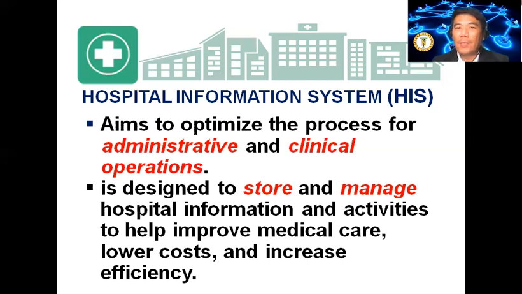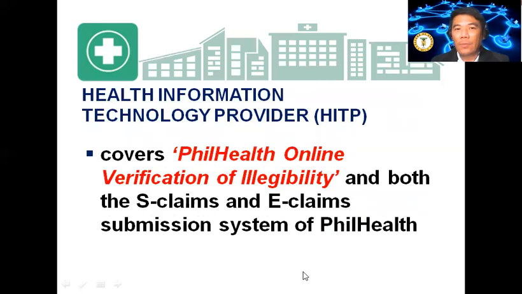So on this level, the hospital information system will be very beneficial individually, to the department, and even to the whole organization. Thus, we have what we call HITP. The HITP is the Health Information Technology Provider, which covers the PhilHealth online verification of eligibility. The HITP is being used in most of our hospitals, regardless of the platform, to validate the eligibility.